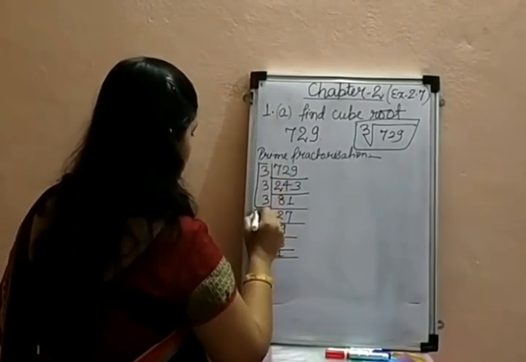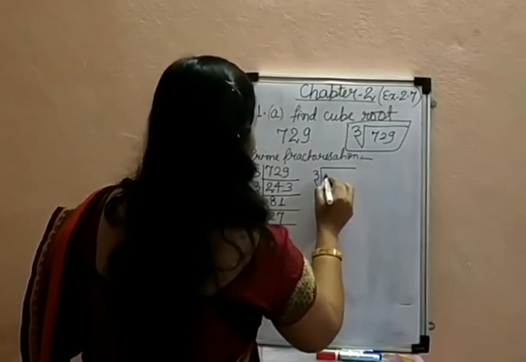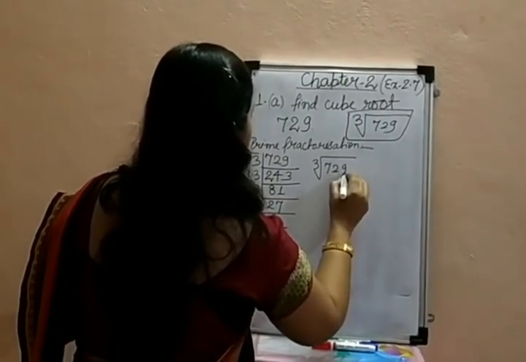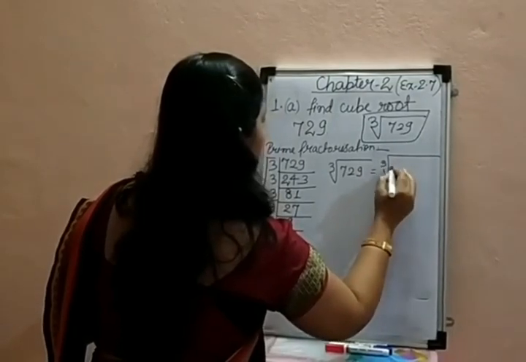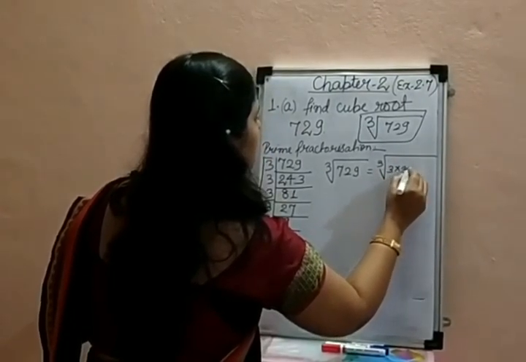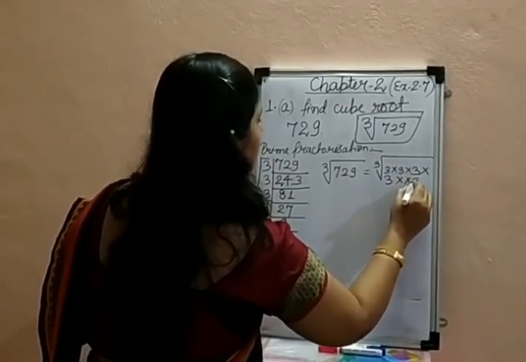So cube root of 729 equals cube root of 3 into 3 into 3 into 3 into 3 into 3.